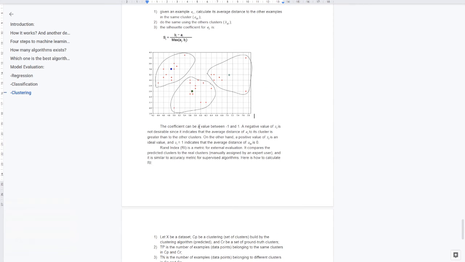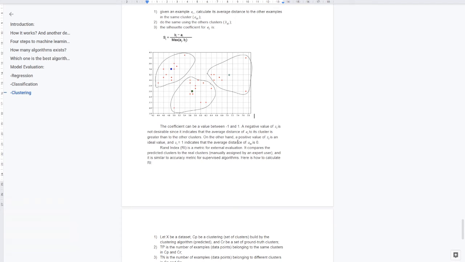The coefficient can be evaluated between -1 and 1. A negative value of this formula is not desirable since it indicates that the average distance of A to its cluster is greater than to the other clusters.